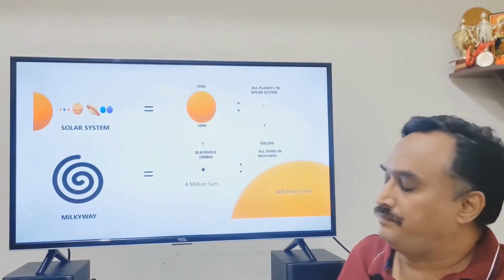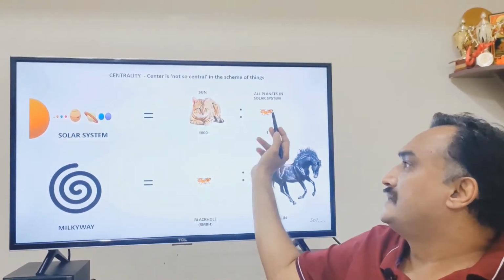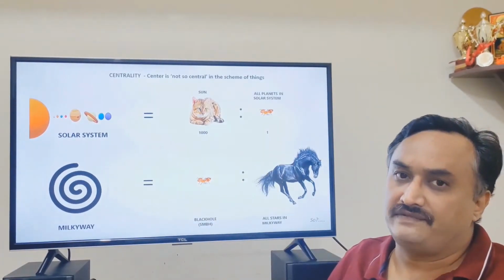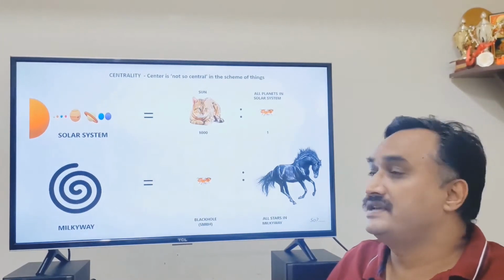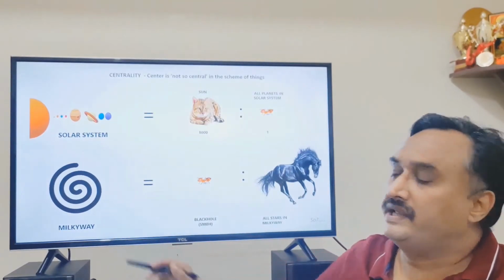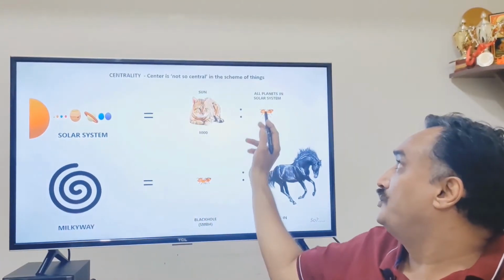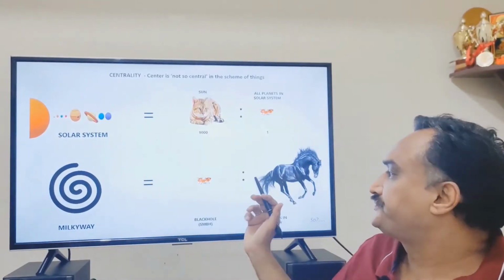To give you a perspective, let us assume all these planets represent an ant which weighs 5 grams. You have a sun which is weighing as much as 5 kg, like the mass of a cat. When you come to the Milky Way, obviously they are not the same, but it is only representational to compare.